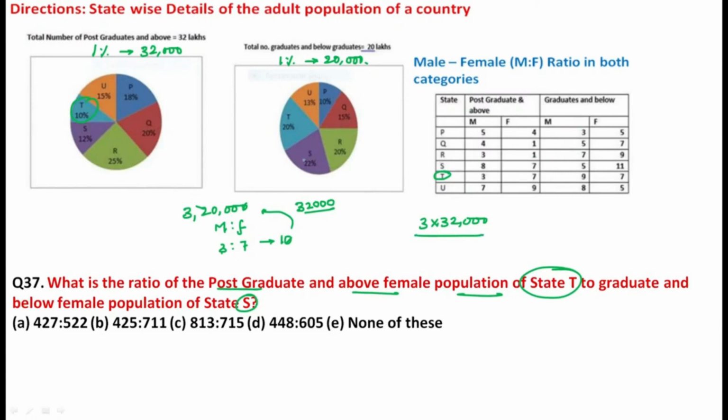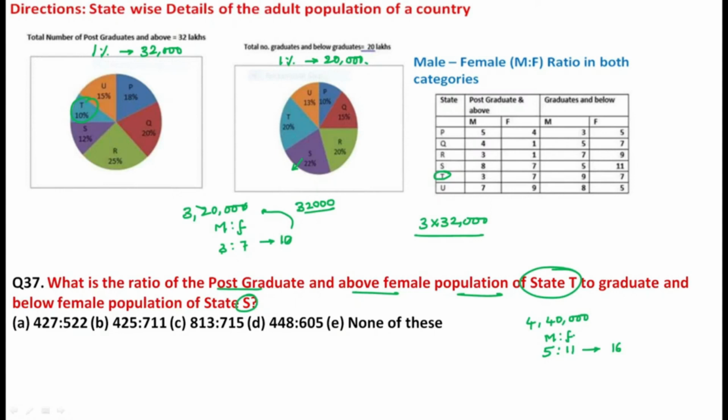State S information: 22%, 22 twos are 44, and 1% is 20,000. Now 4,40,000 is 22%. State S's respective ratio is 5:11. It is 16 members. If it is 16 members, the number of males are 5, females are 11.